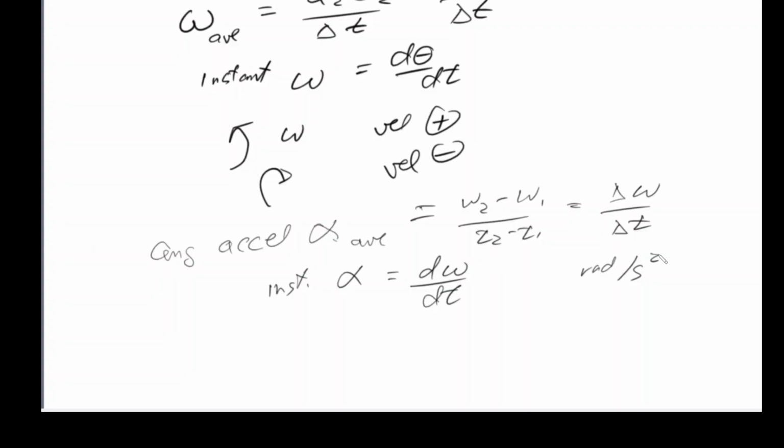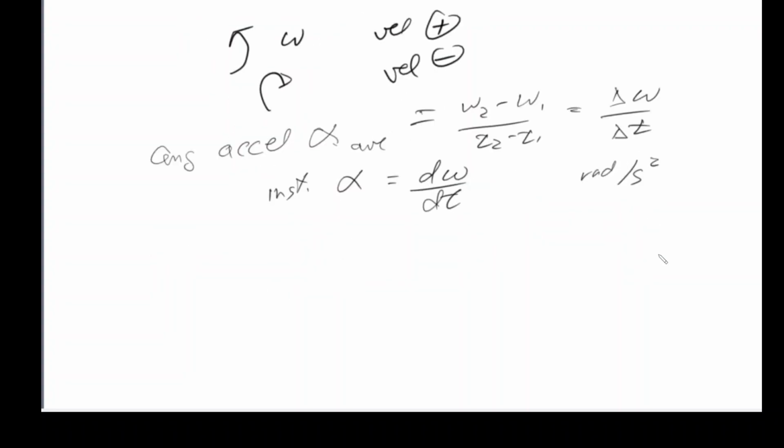Now, we represent the angular velocity omega as a vector along the axis of rotation. So if we have a rotation in this direction through an axis that goes through the middle, omega is actually along that axis of rotation. And we determine which direction it is through the right-hand rule.